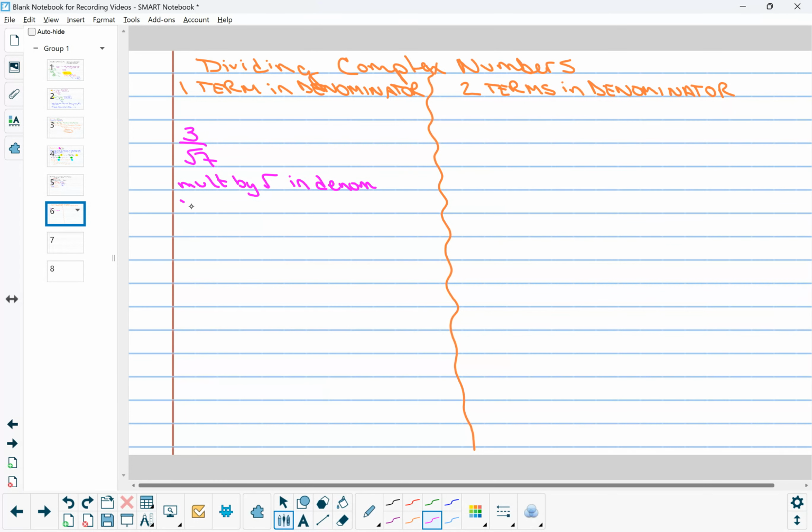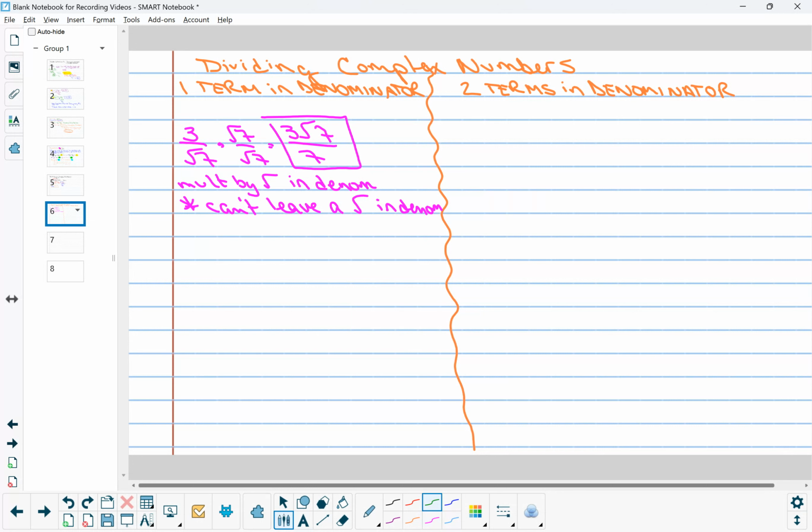That was the point. So we multiplied by rad 7 over rad 7, and we got 3 rad 7 over plain old 7, right? It'd be radical 49. This can't be reduced, so this would be the answer.